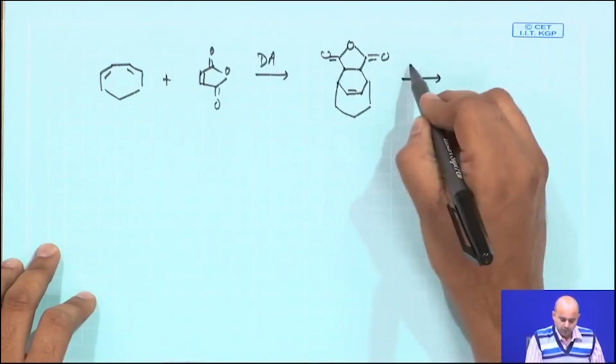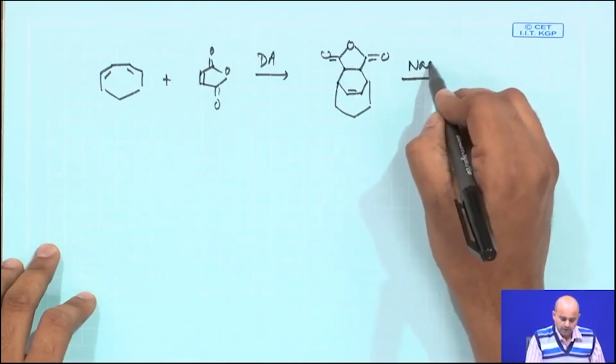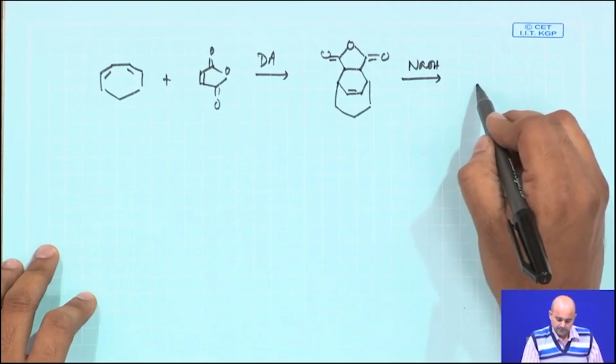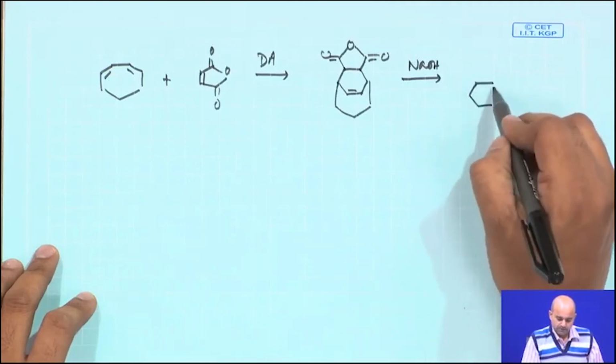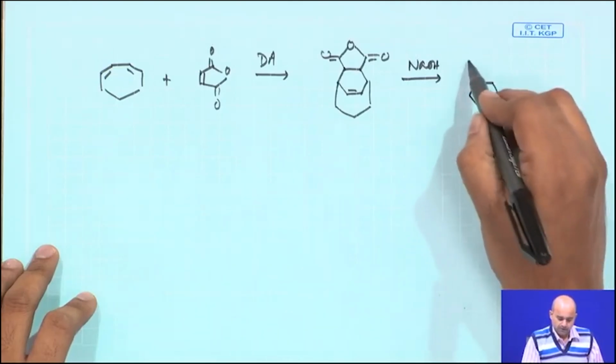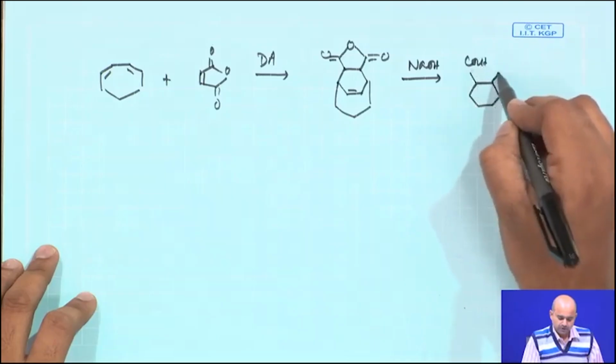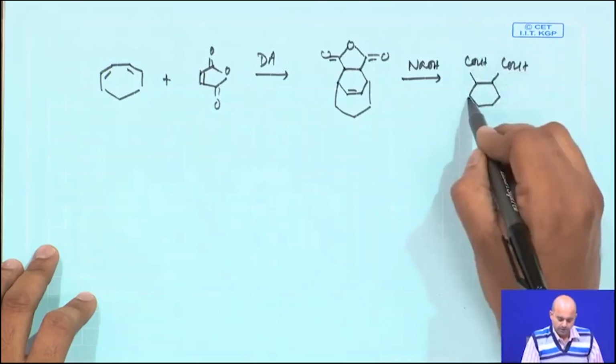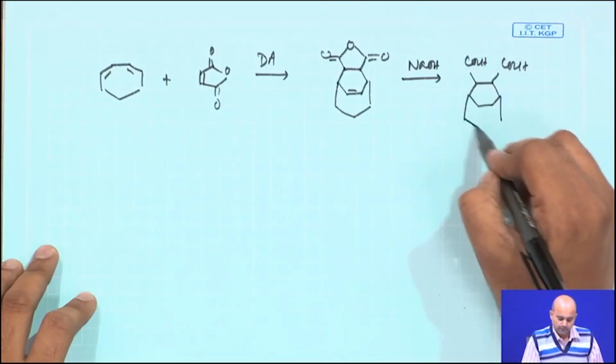Now, this will be simply hydrolyzed with a base, and that will give you the intermediate which is our known intermediate which we have earlier drawn.